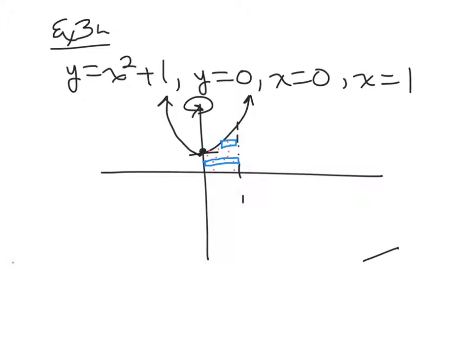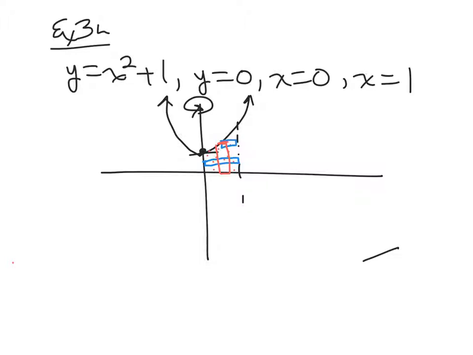So let's look at how we can work this problem using the shell method. That's going to allow us to work in terms of x, and it's going to make the problem a lot cleaner for us. So instead of rectangles perpendicular, now we can draw our rectangle parallel.